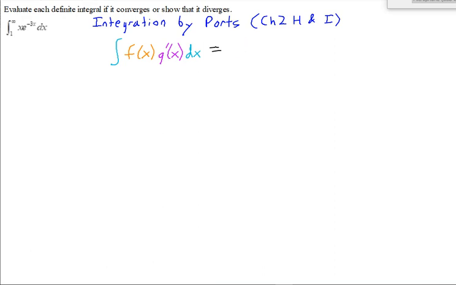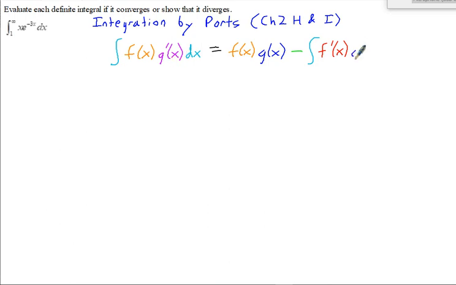What that equals is the original function, f of x times g of x, minus the integral of f prime of x, the derivative of f of x, times g of x, the integral of g prime of x.